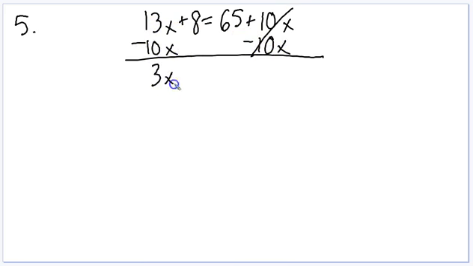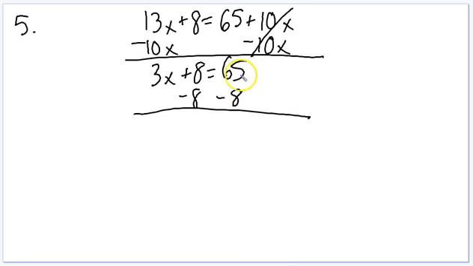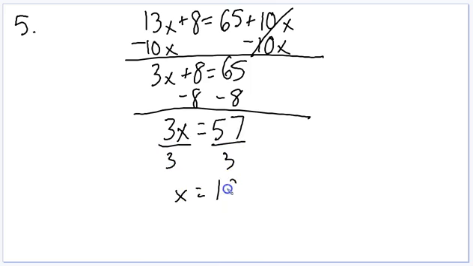I'm going to get 3x over here plus 8 equals 65. I'm going to subtract 8 from both sides to get the variable by itself. I'm going to get 3x equals 57. And then I'm dividing both sides by 3. And I get x equals 19.